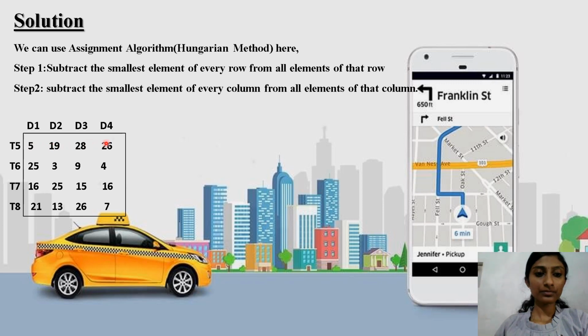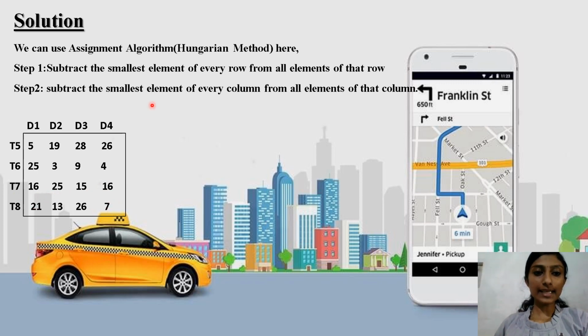Subtract 5 throughout this row. In this row, 3 is the smallest element. Subtract 3 from this row. In this row, 15 is the smallest element, and subtract it. And in this row, 7.